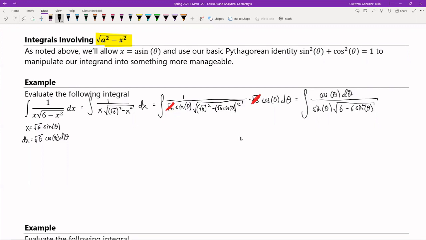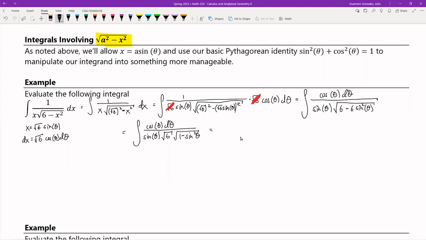I'm going to put it over here, equal, the integral of cosine of theta d theta all over sine theta. Everything in the square root has 6 in it, so I'm going to do square root of 6 times the square root of 1 minus sine squared theta.